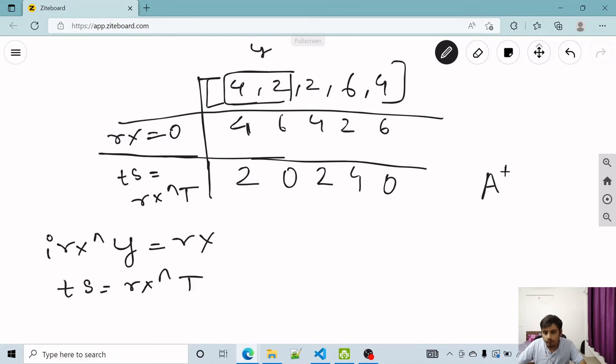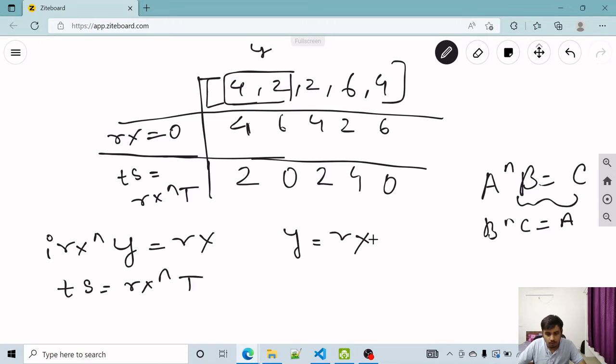Let's understand one more property of the XOR operation: if A XOR B is equal to C, then the XOR of any two combination of these three numbers would produce the third number, which means B XOR C is equal to A, or C XOR A is equal to B. So I can rearrange this equation: Y is equal to Rx XOR initial Rx, and T is equal to Rx XOR tSearch, which means that if tSearch equals initial Rx, then Y would be equal to T, and that's what we'll be doing.